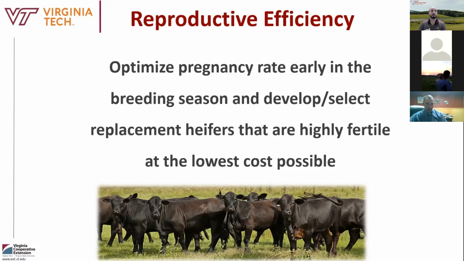I used to say maximize pregnancy, and I learned that maximizing might not be the term to use, because you can spend a lot of money trying to maximize something and not have an economic return on the investment. You want to make sure things are economically sound and returning a profit. We really want to optimize instead of maximize sometimes, right?